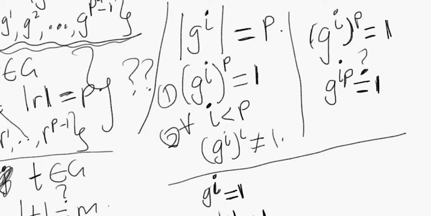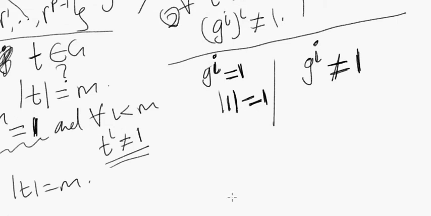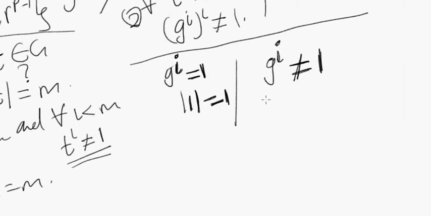Whatever g to the i we're looking for, if we want it to have order p, then it can't be the identity. Doesn't this mean that the order of g sub i actually equals p to the alpha?